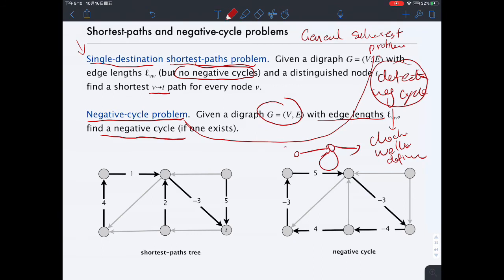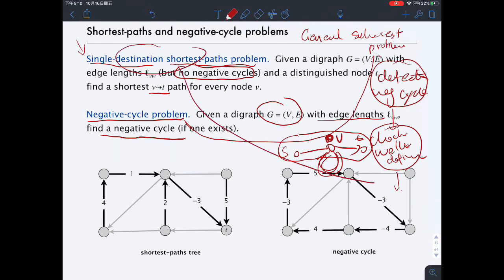Like in the scenario we mentioned just now, if I move from S to T, and there's some node V that's associated with a negative cycle, then it's impossible to find the shortest path between S and T. After we check the well-definedness, then we can call the algorithm for the first problem to solve the problem without the negative cycle. So this is the relationship between these two problems.